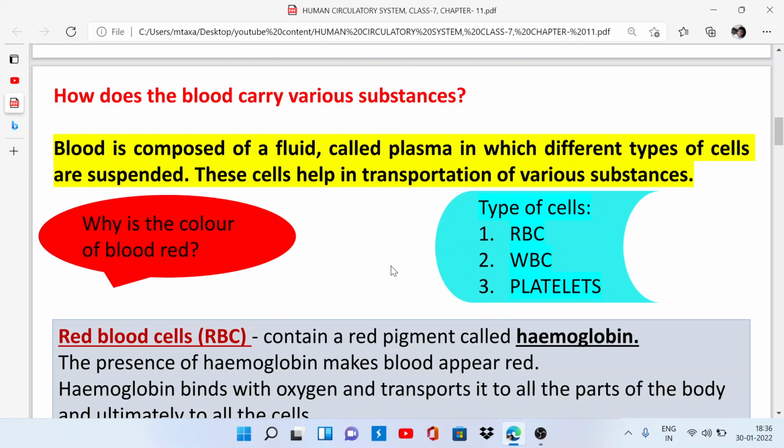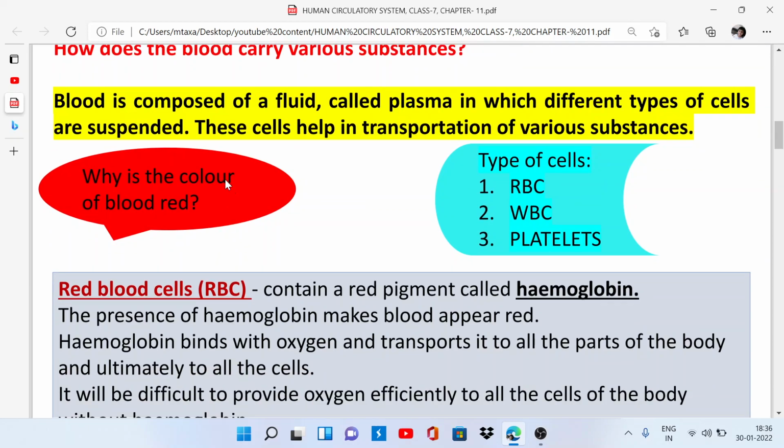Now, Bujo is asking a question: why is the color of blood red? To know this, we discuss the red blood cells which are present in our blood.